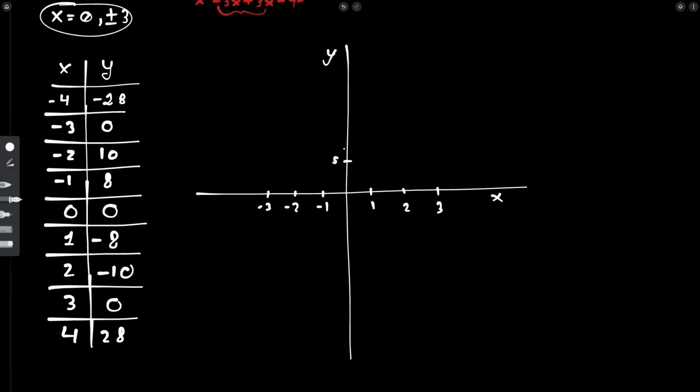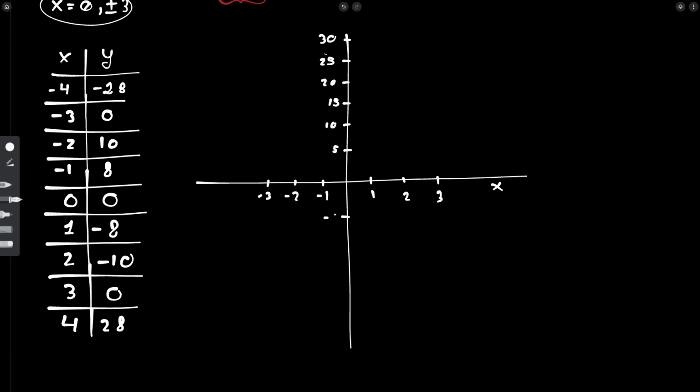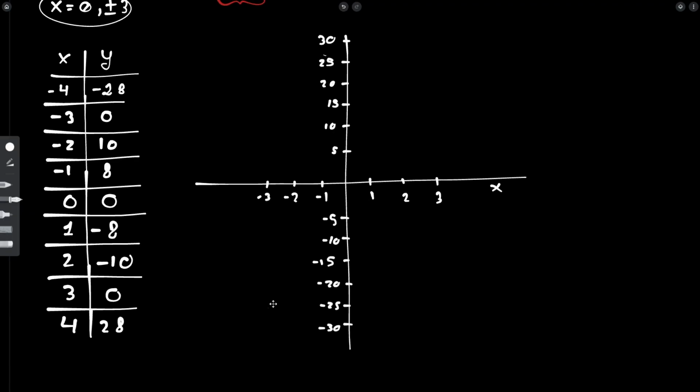We have here 5, 10, 15, 20, 25, and I'll need to move this y, 30. Here we are, -5, -10, -15, -20, -25.